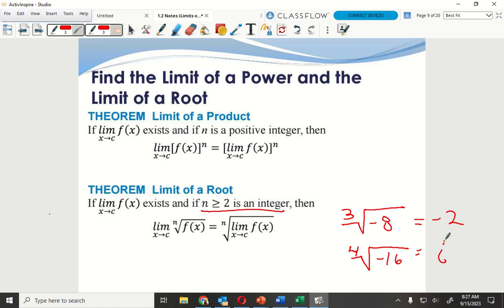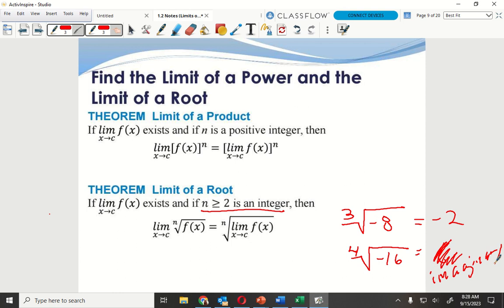Can't do that. Imaginary. So that's restrictions again.